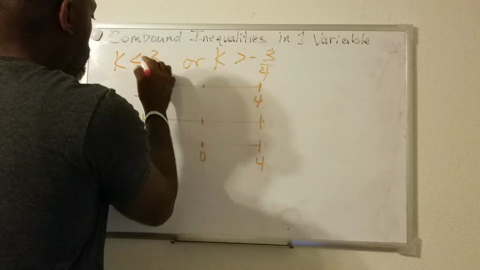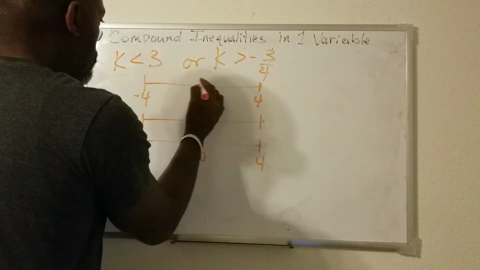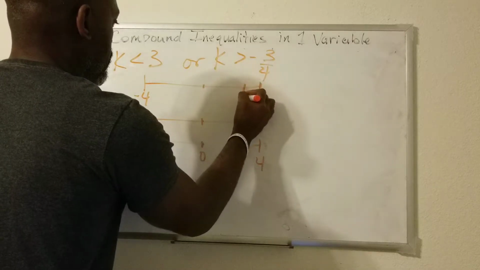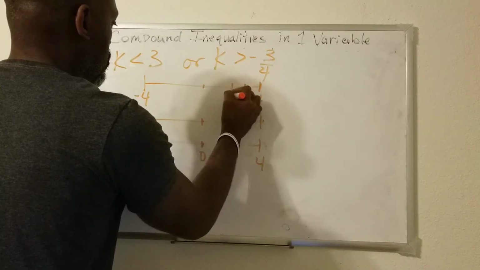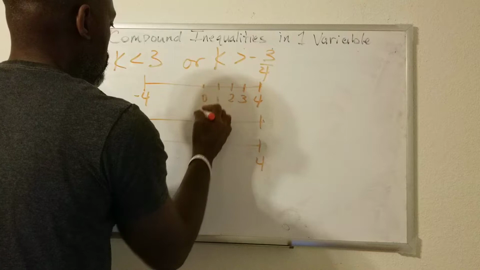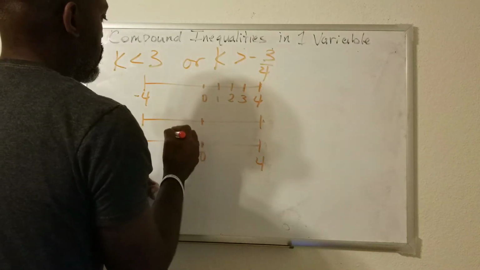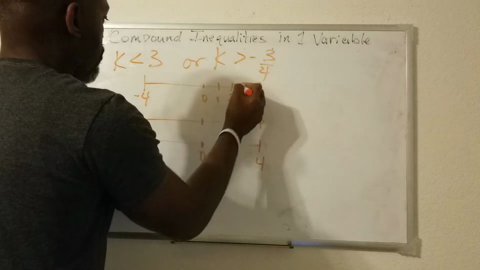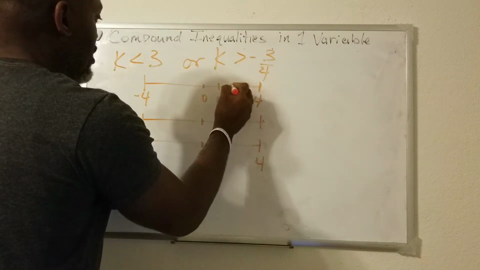So this one is going to be K is less than 3. So we got 3 is here. All right. So 3. So open parentheses, less than.